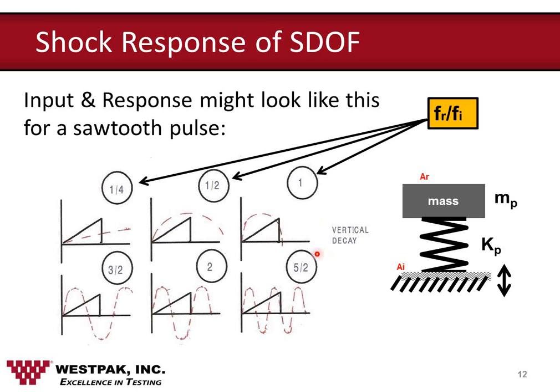So again, that is shown here as the ratio between the response, f sub r right here, to the input, frequency of the input right here. As that ratio continues to increase, we see that the amplitude remains approximately constant for that particular wave shape. The frequency of the response is exactly the natural frequency of this spring mass system.